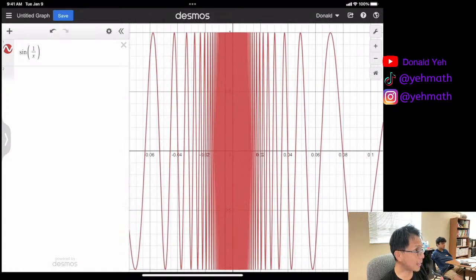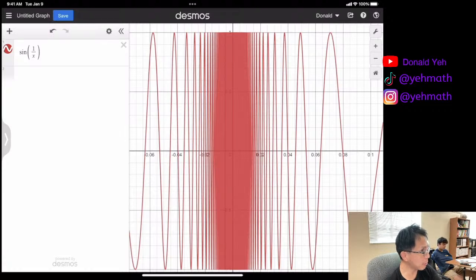Forehand, backhand, forehand, backhand, and just keep on going, so fast that you cannot tell if she gave you a forehand or backhand. That's what happened in the middle. So the limit does not exist, because you don't know whether it is 1 or -1 or even 0.